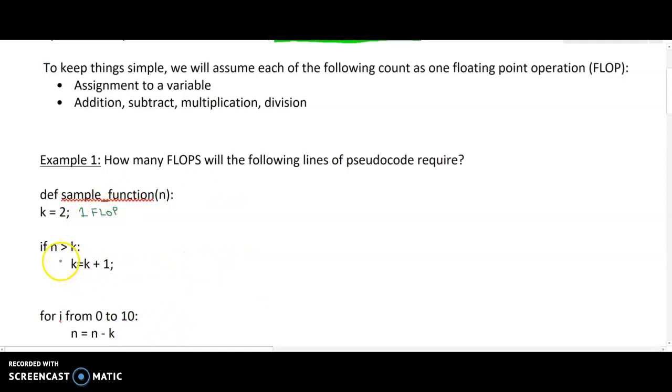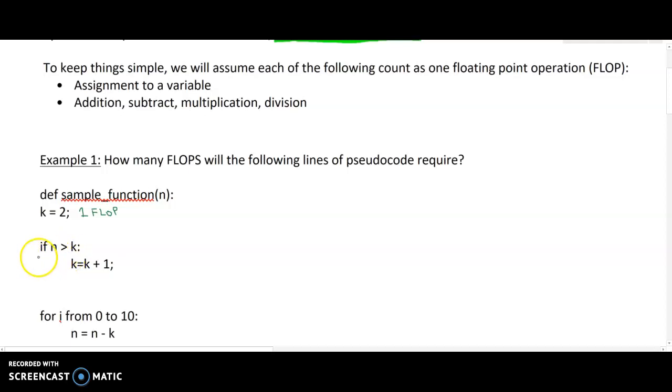Now, we're not going to worry about comparisons. Typically, when you do a more rigorous analysis, you do account for the fact that this comparison has to take place, and it does take some time. Again, we're doing the worst case analysis.